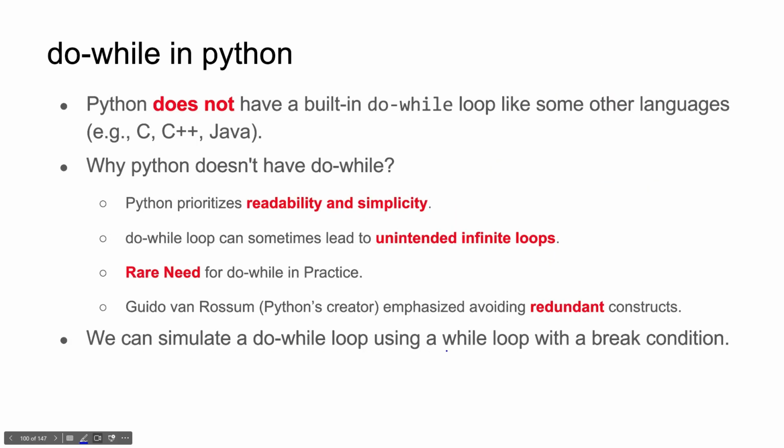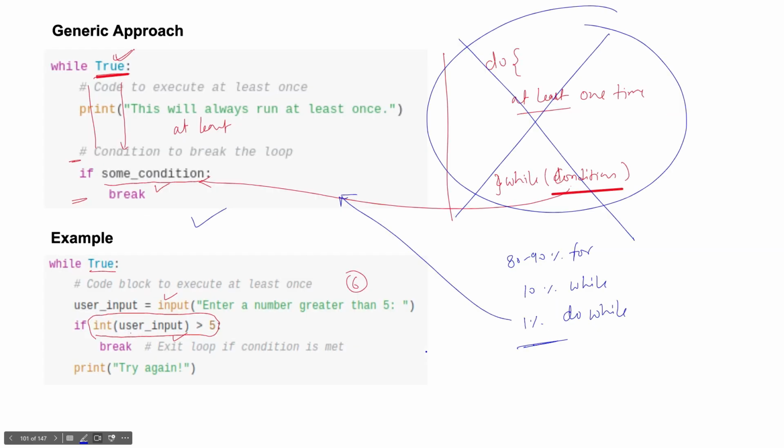We can simulate do while using a while loop with a break condition. I think this is an important thing to understand, how break and a while loop can work together. A do while loop means you want to execute your loop at least once, whether the condition is true or false.